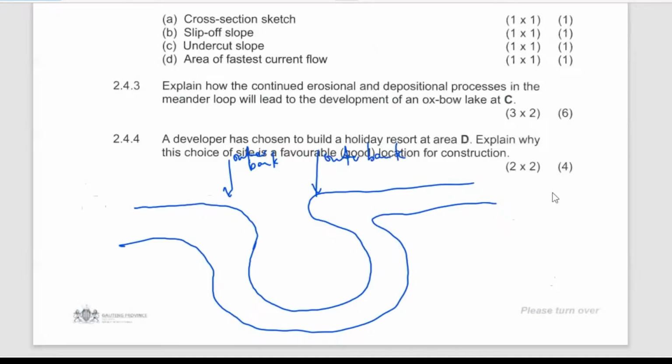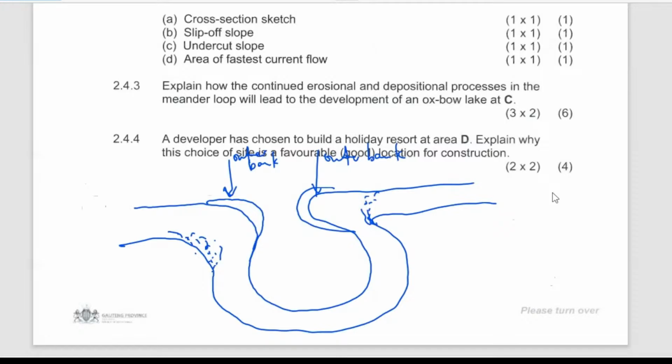We know well that on the outer bank, there is erosion taking place. So on the outer bank, there are cycles of erosion that are going to happen. Let's say this is cycle 1. And on this side, the same processes are happening. There's erosion. And there's deposition happening on the inner bank here because of less velocity. And because of less velocity, there's deposition happening on this side.